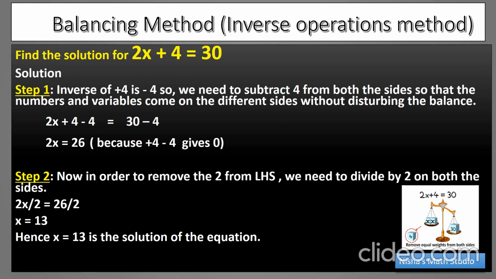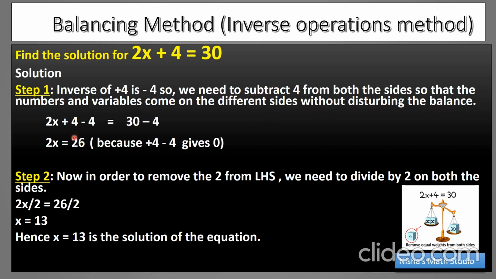We will find the solution for the equation 2x plus 4 is equal to 30. The variable here is x. In order to find its value, I have to remove the 4 and 2 from this side, so only x remains here. In step 1, inverse of plus 4 is minus 4, so we need to subtract 4 from both the sides so that the numbers and the variables come on the different sides without disturbing the balance.